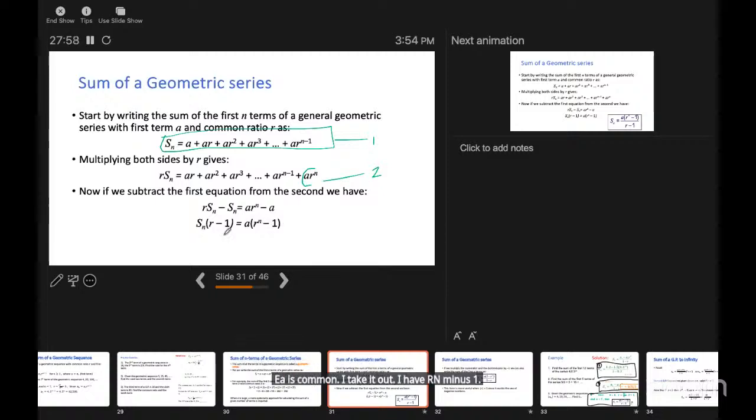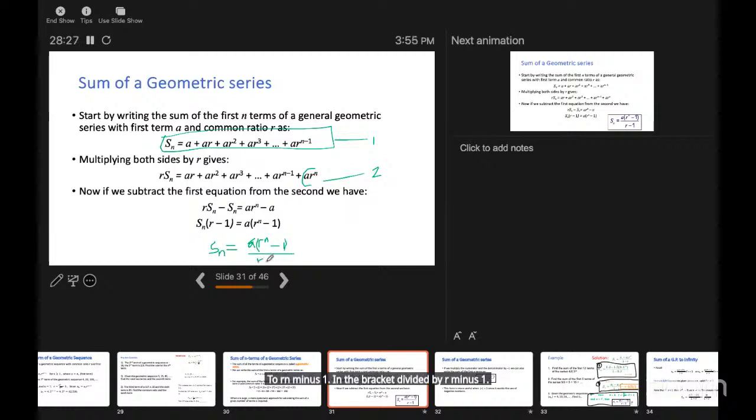So what do I have next here? I can now compute Sn to be A times (R^n minus 1) in the bracket divided by R minus 1.